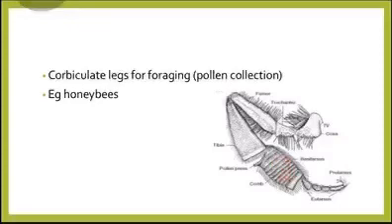There are a number of pollen baskets on the tibia, and in the metatarsus, you can see there are many transverse lines, transverse rows of cuticular hairs. These form comb-like structures and they form the pollen comb.